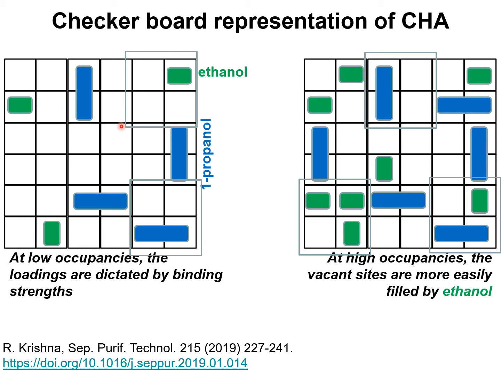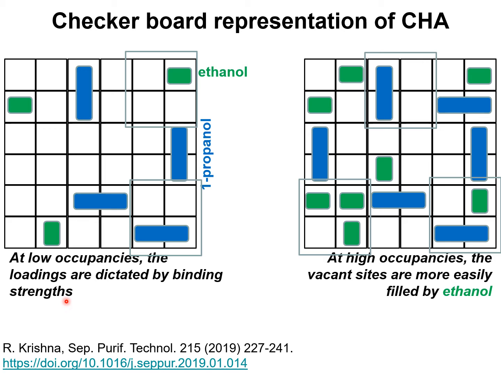A single cage of Chabazite zeolite can be considered to have 4 adsorption sites that can be occupied by 4 ethanol molecules. Alternatively, a single cage of Chabazite zeolite can be accommodated by 2 1-propanol molecules.